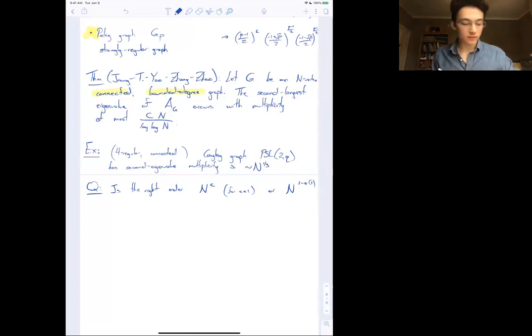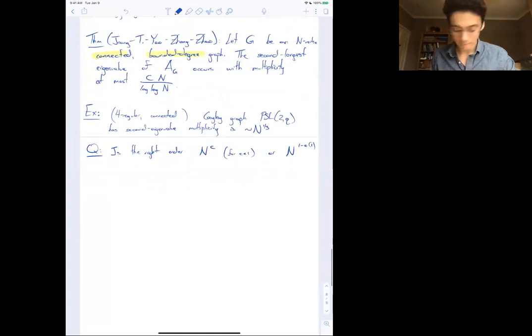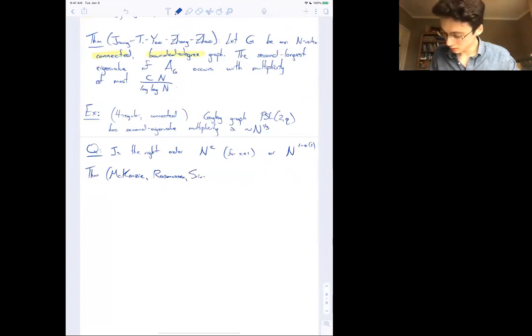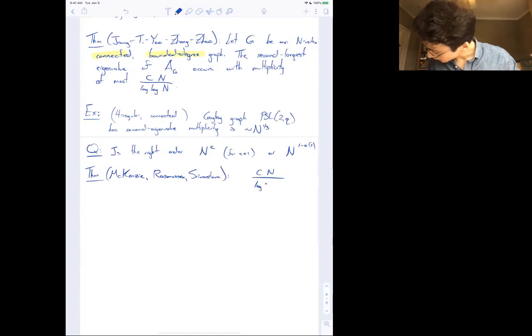So there's been just a little bit of progress on this problem. A recent paper by Mackenzie, Rasmussen, and Srivastava gives a constant times n over log n to the 1/5, I believe, but only for delta regular graphs.